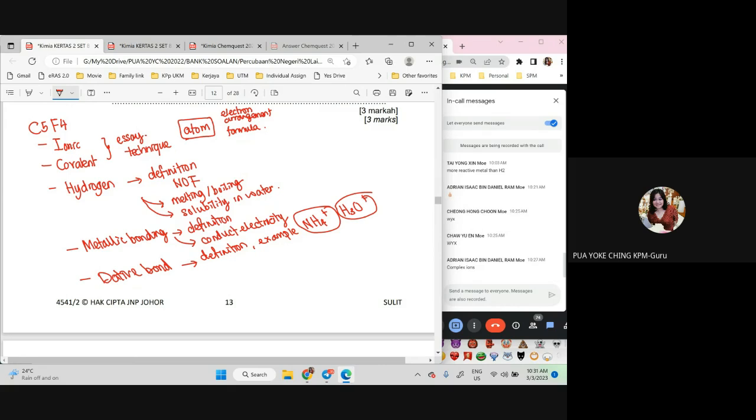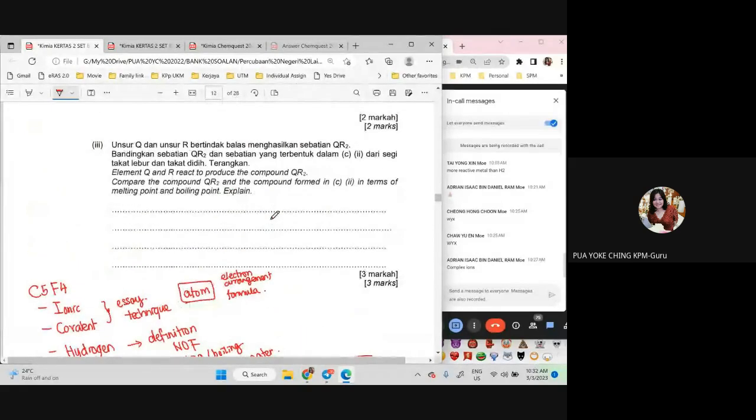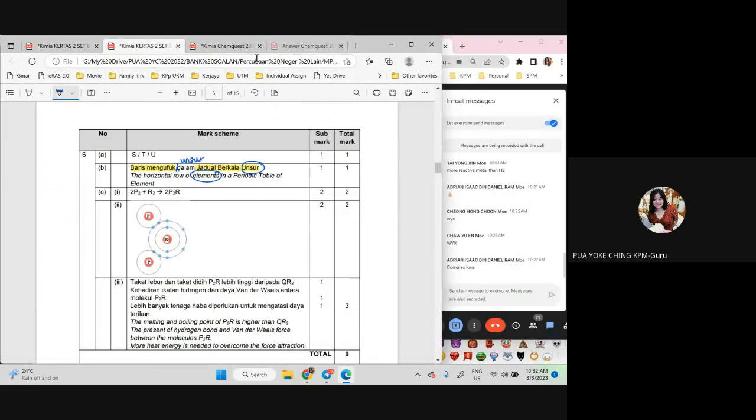I think the last part is your giant molecular structure and simple molecule. So this is chapter 5. In this set there are not many chapter 5 questions; it just asks you to compare.